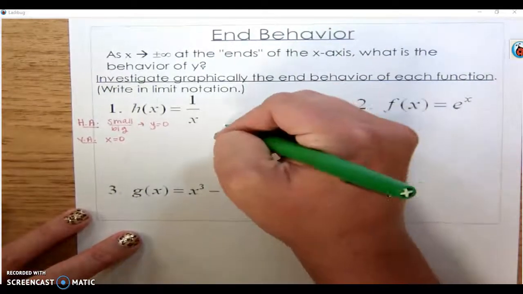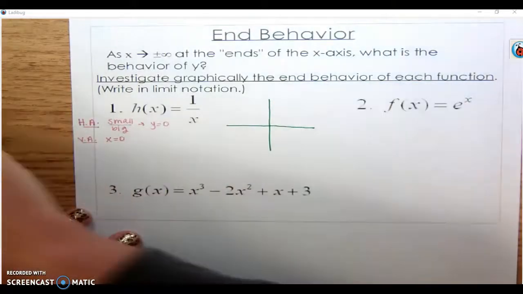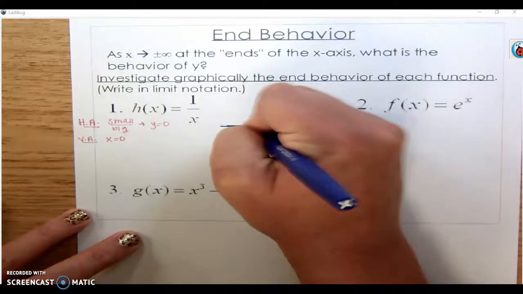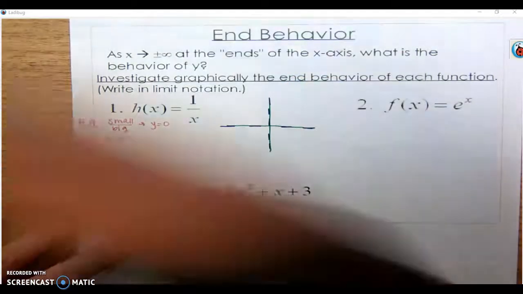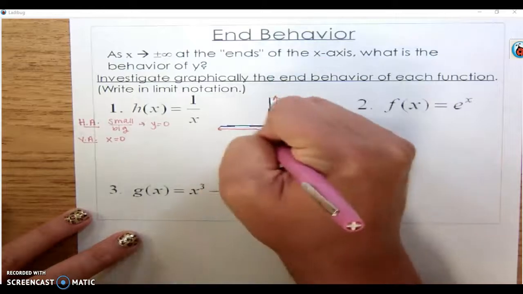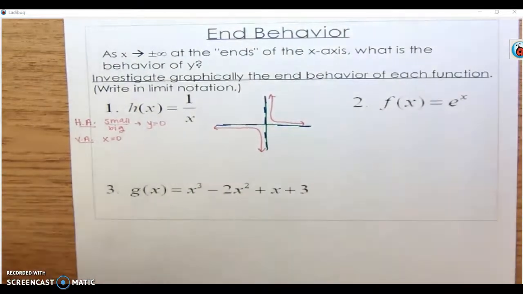So what this graph is going to look like here, you would have your asymptotes on your x and your y axis. And then here's one curve and here's the other curve. So this is the graph that we're going to look at for our end behavior. For end behavior, we care about what's happening at the ends.